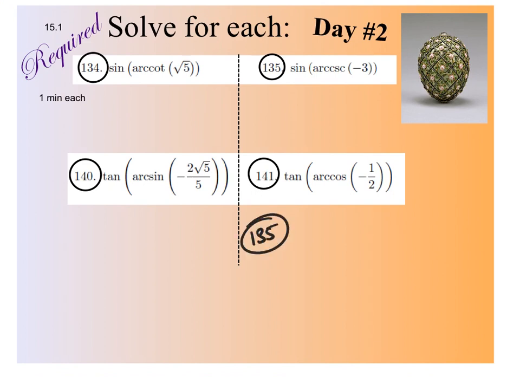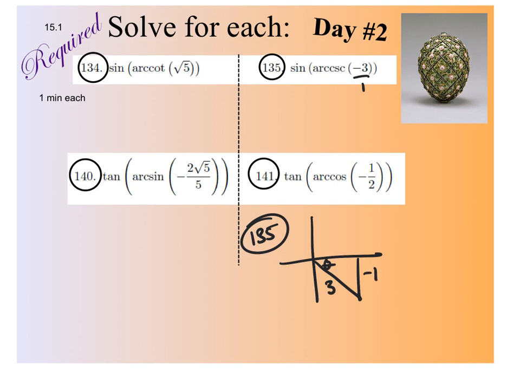So again, working inside out. I picked this one because it's a cosecant, and I don't know if we've done that, but let's pretend that we haven't. So we're going to do arc cosecant of -3. Cosecant is cousins with sine. So -3, remember that's like -3 over 1. Sine is opposite over hypotenuse, so this is hypotenuse over opposite.